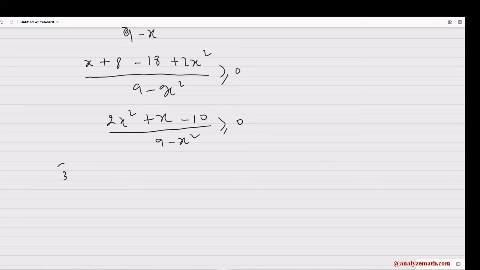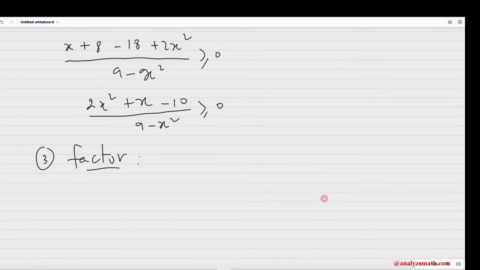Now the third step is to factor both numerator and denominator. The denominator is very simple. It's of the form a² minus b², the difference of two squares, because remember 9 is 3 power 2.